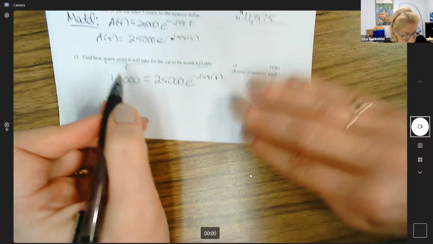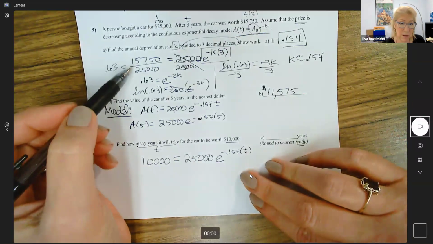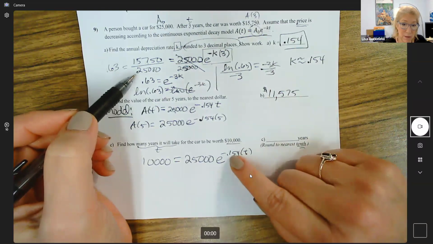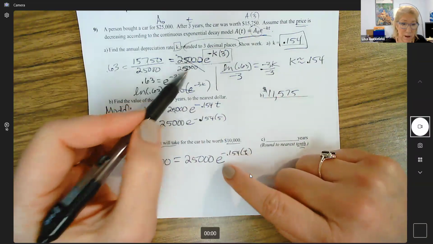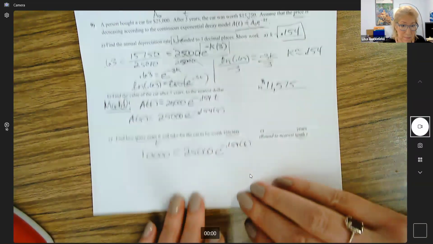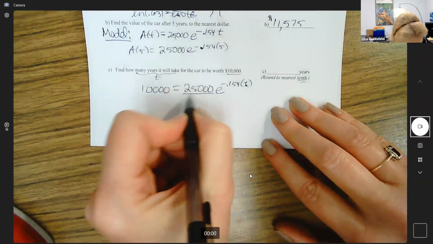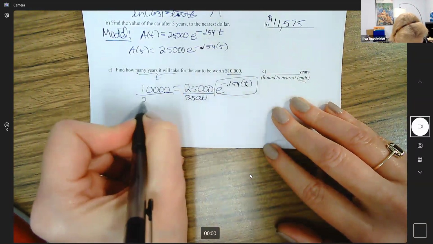All right, so we're going to do pretty much the same steps that we did up here to find k, except this time we know k and we're trying to find t, but they're both in the same part of the problem, so we'll do the same thing. We're going to divide, take a logarithm, and then divide again. So the first thing is to divide that 25,000 to the other side because it's not part of the base and exponent.